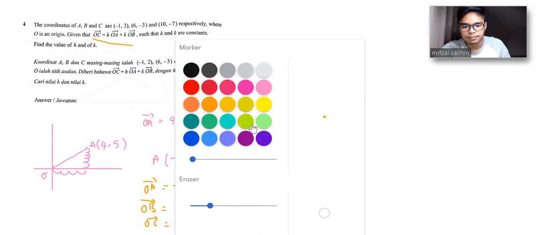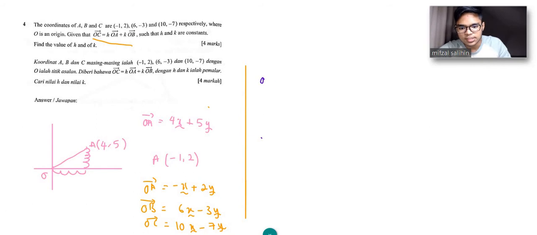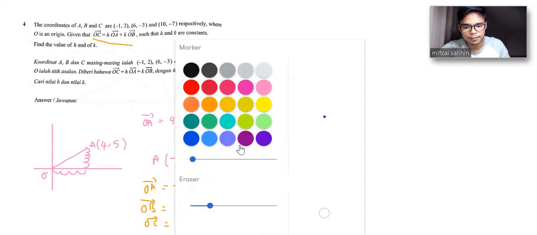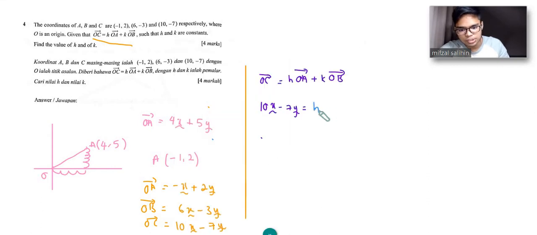OC is equivalent to hOA plus kOB. So we substitute the value of OC, which is 10x minus 7y, is equivalent to hOA, which is -x plus 2y, plus kOB, which is 6x minus 3y.